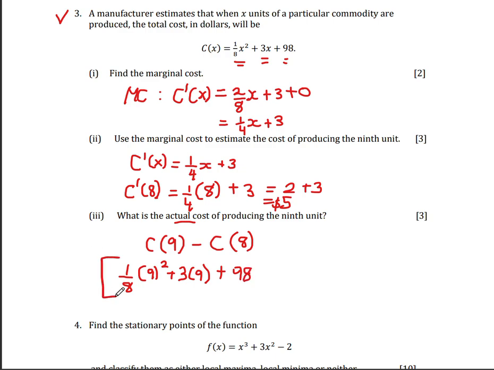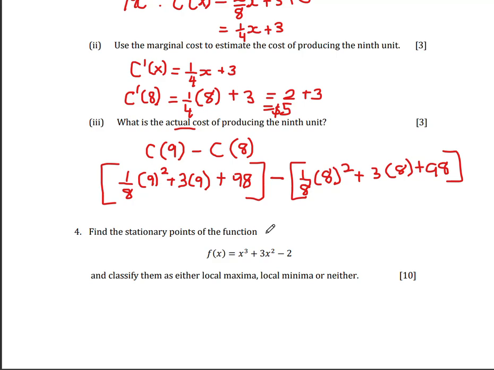So I'm going to put that in brackets. And then on the other side, we're subtracting C of 8. So we're going to subtract 1/8 multiplied by 8 squared plus 3 multiplied by 8 plus 98.